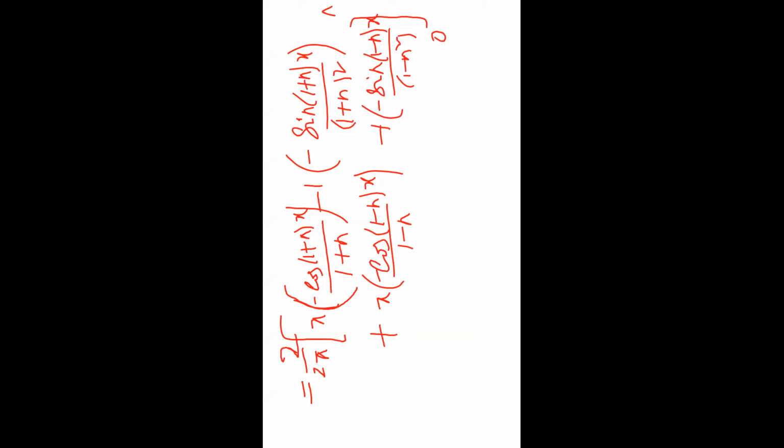Taking 0 to pi, observe the function sine of 1 plus n into pi. So sine of 1 plus n into pi equals sine of pi plus n pi, substituting pi in this limit. So sine of 180 plus theta is in the third coordinate, and in the third coordinate sine is negative.